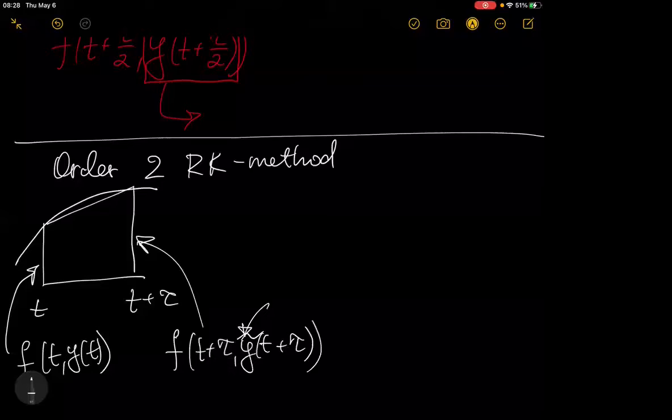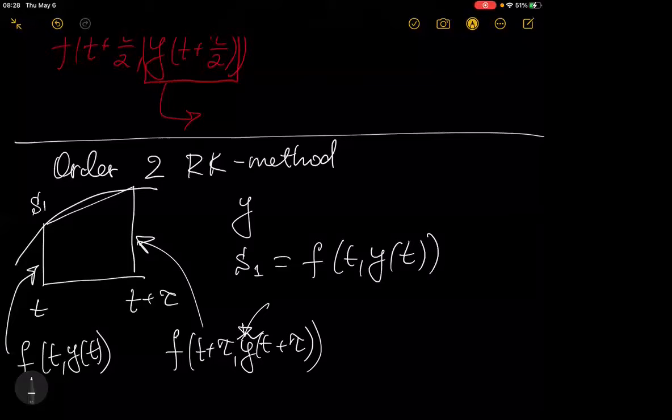Essentially, first you're finding S1, which is f of t, y. So it's the value of your function in this point. And now you need to find the value of your function in this point.